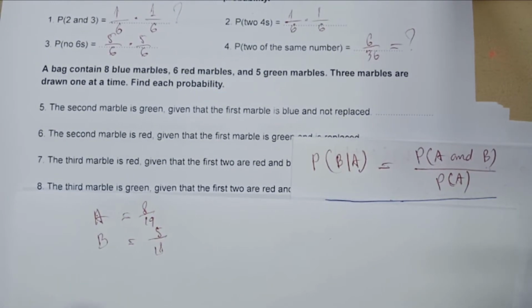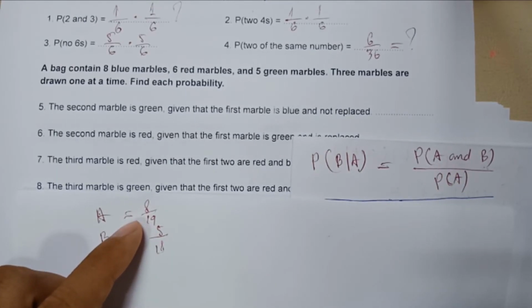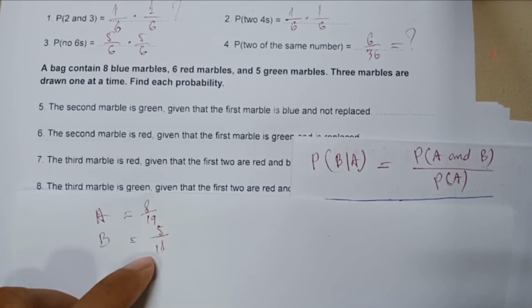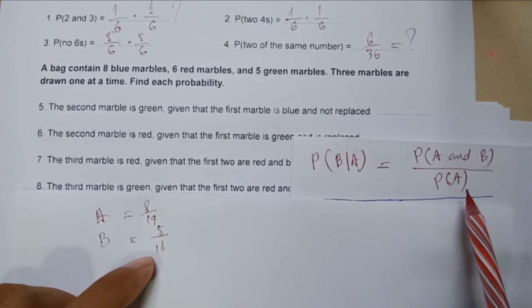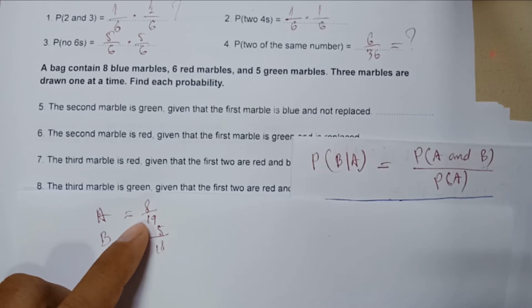When you multiply this together, basing on the formula, event A, 8 over 19, multiplied by event B, which is 5 over 18, and then you divide this by event A, which means you divide by 8 over 19.